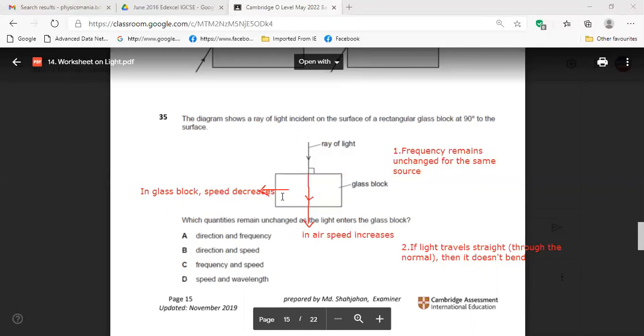We wrote it. And I thought it was changed. So, what is your answer now? Sir, the first one, A. Yes, A. Direction and frequency. So, our answer is A.